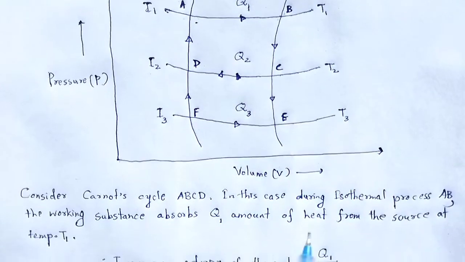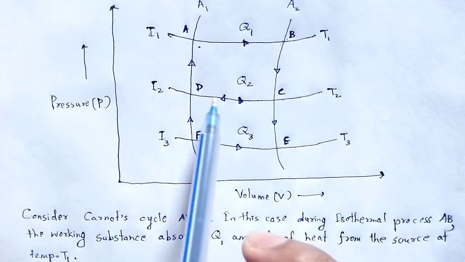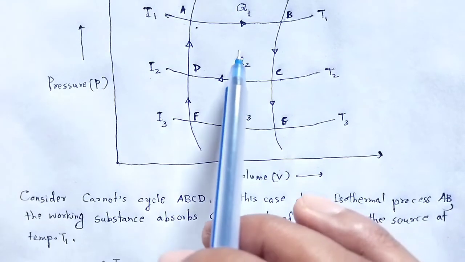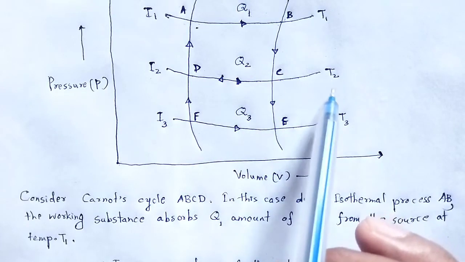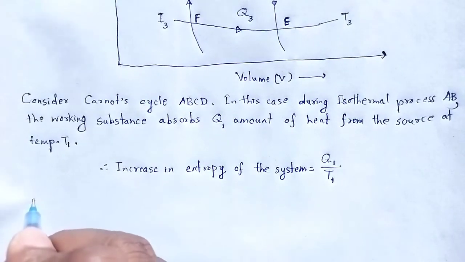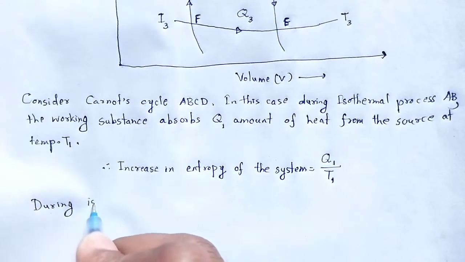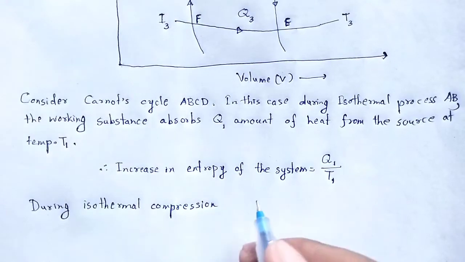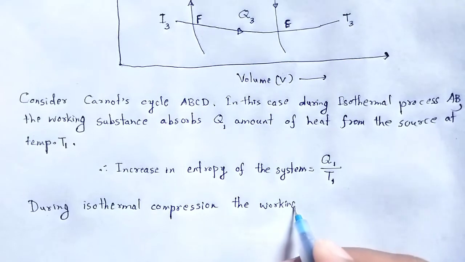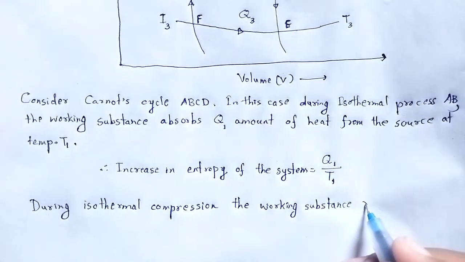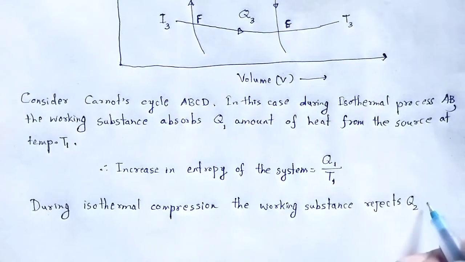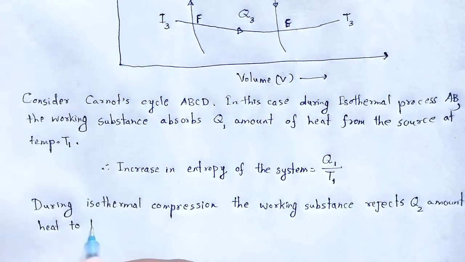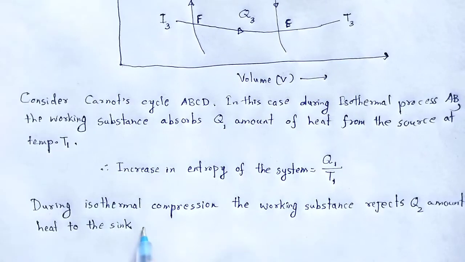Isothermal expansion means an increase in entropy of the system. During isothermal compression in the Carnot cycle, the working substance rejects Q2 amount of heat to the sink at temperature T2.